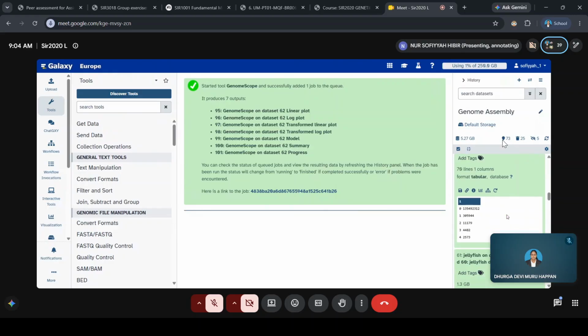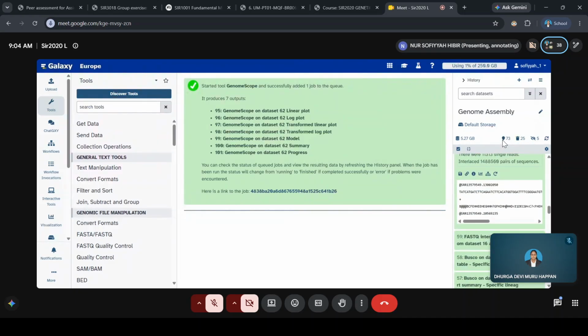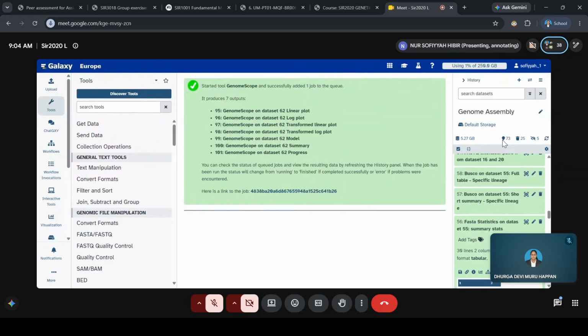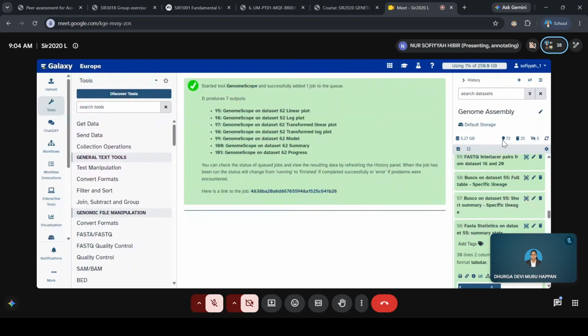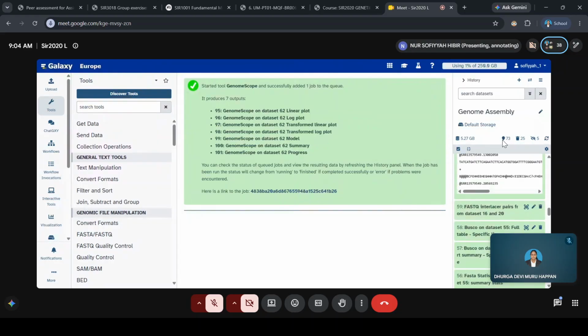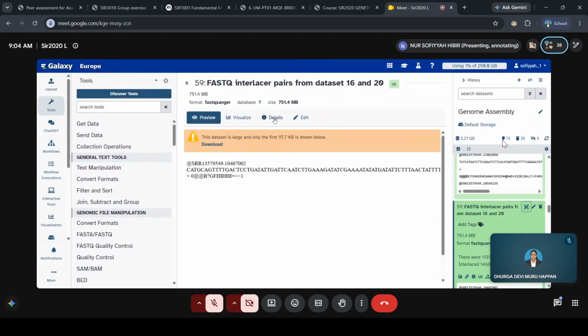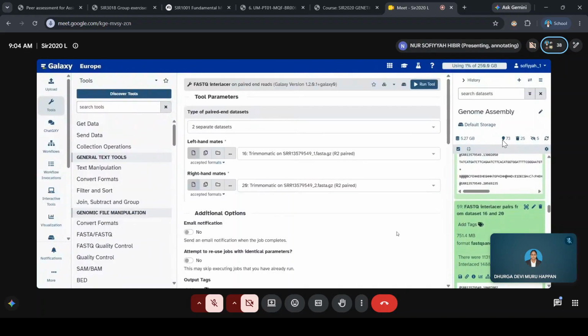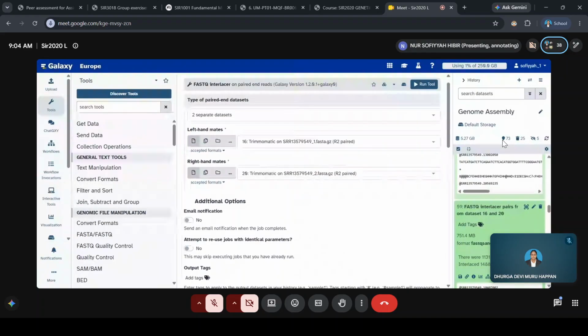So it's because of my previous run. So I have to run it again from the interlacer, I think, or is it not? Yeah, I think your interlacer is correct, right? Can I check your interlacer and use the run again button? Is it here? Ah, wrong already. Yeah, because you see your R2 pair and R2 pair.